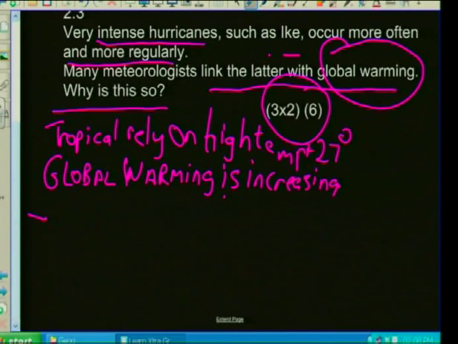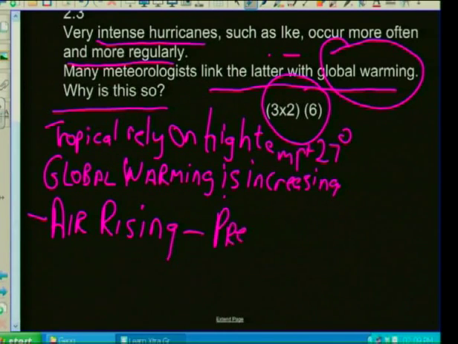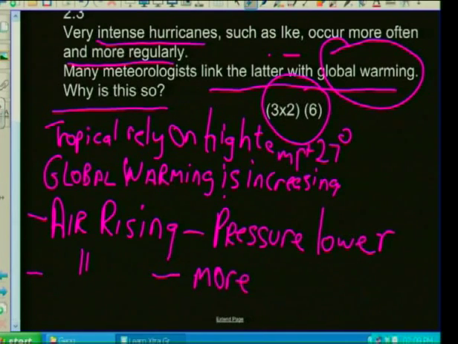There'll be more air rising. Therefore the pressure would be lower. What other factor would increase? Because more air is rising due to global warming. I'm just going to put an asterisk down there. What else will increase? More humidity, isn't it?